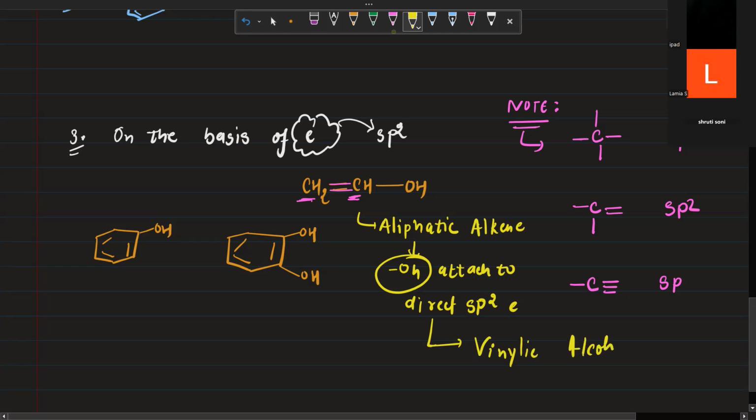This is an important term which you need to know. Whenever OH is attached to a carbon which is sp2 hybridized, and that is aliphatic in nature.